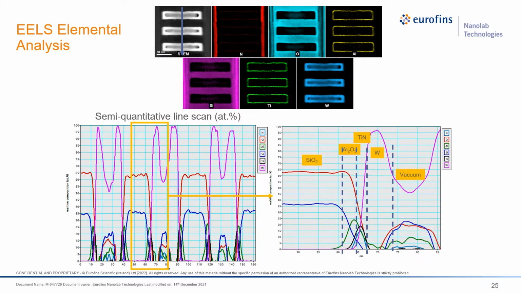So you can see the zoom-in region here, that is from here to in the middle here. So here you can see the ratio between oxygen and silicon is around 65 to 35. That is around 2 to 1. So this is silicon dioxide. Then it is aluminum oxide, nitride, then tungsten.